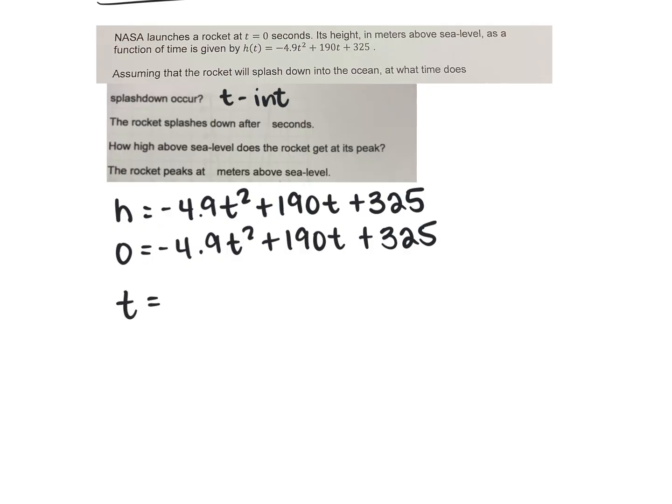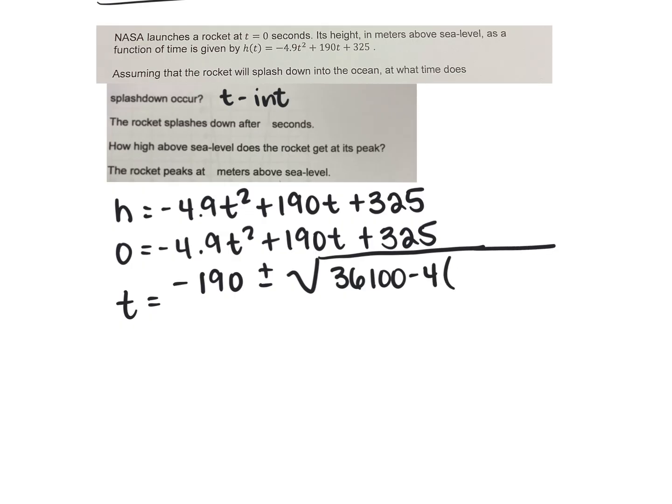So I have t is equal to negative b plus or minus the square root of b squared, which gives us 36,100 minus 4. When you multiply a times c, you end up with negative 1592.5.